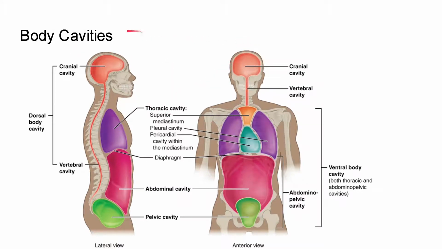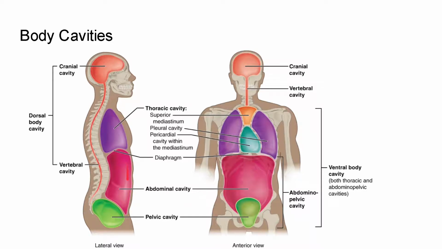So body cavities. Here you have your body cavities, and body cavities are essentially the cavities that hold your vital organs. Like you have your cranial cavity here, that obviously holds your brain. Your vertebral cavity will hold your spinal cord, and that can be grouped as the dorsal body cavity. You have your pelvic cavity that would hold a lot of your reproductive organs.